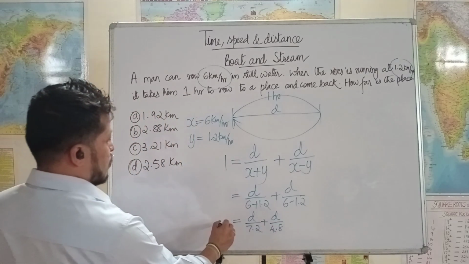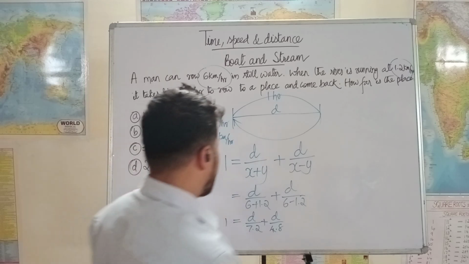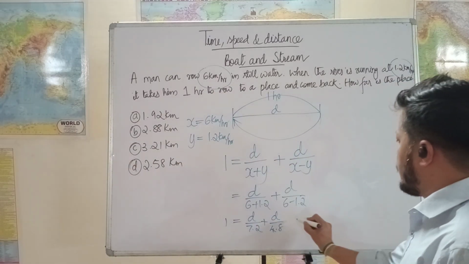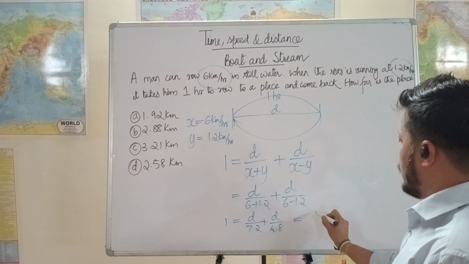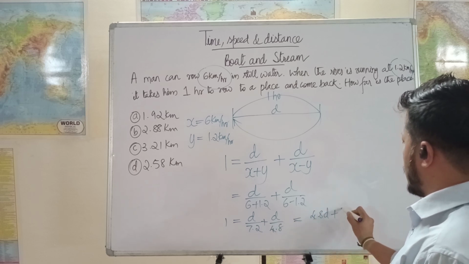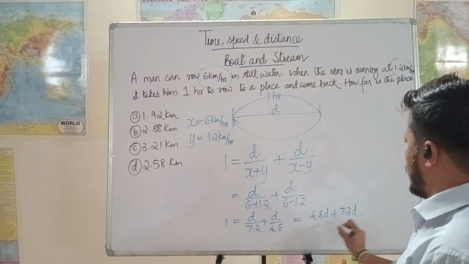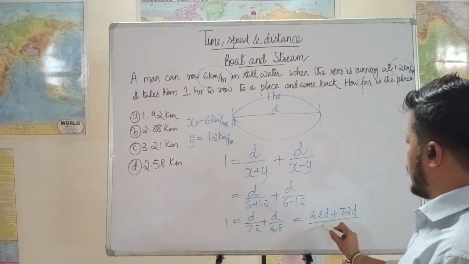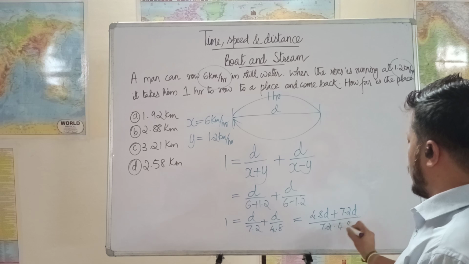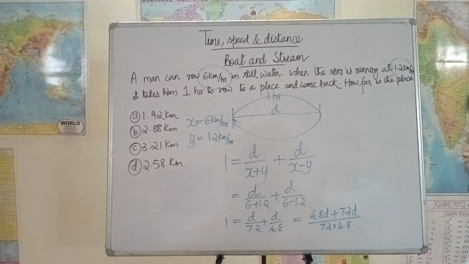Okay, is equal to 1. Let's simplify this. What happens if we cross multiply this? Then we'll have 4.8d plus 7.2d divided by 7.2 into 4.8 is equal to 1, right?